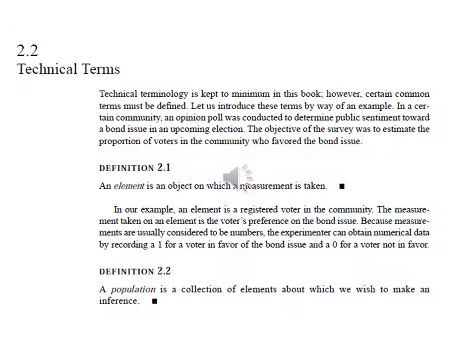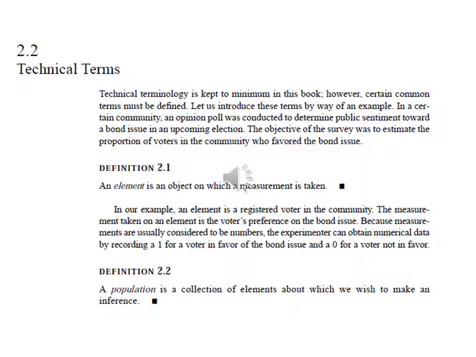Now, some technical terms. Technical terminology is kept to a minimum in this book. However, certain common terms must be defined. Let us introduce some of these terms by way of example or definition. Definition 2.1 in your book. What is the meaning of an element?